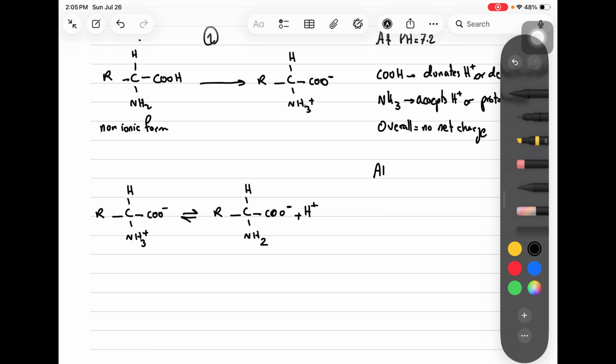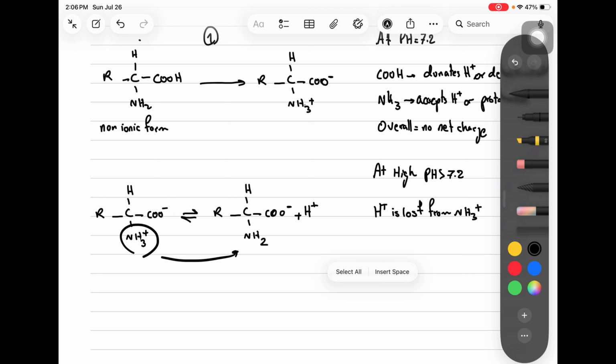So at high pH above 7.2, the H+ is lost from NH3 plus. That's one. We're gonna lose the proton here as well. But this is the ground form that we're gonna have.